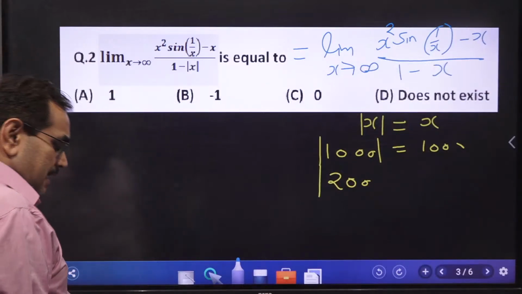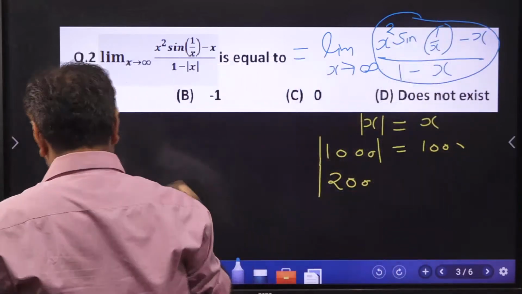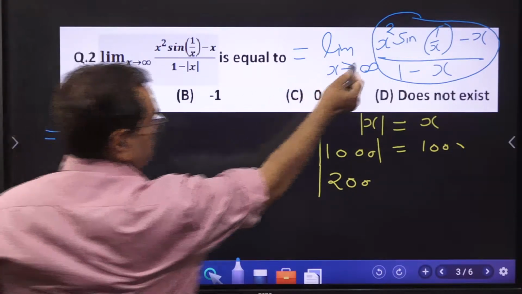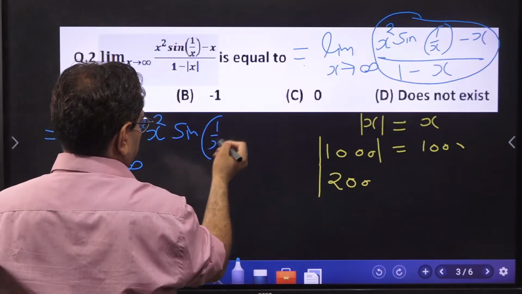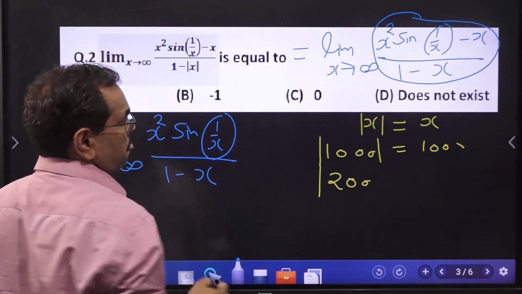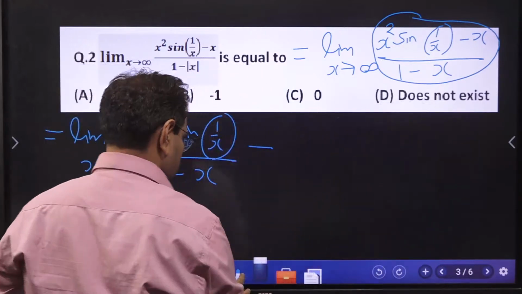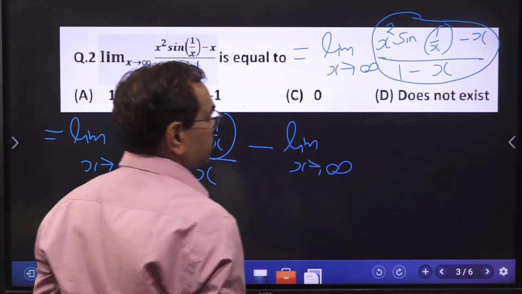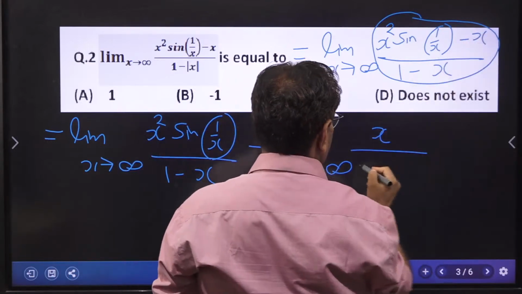Now let us separate these two terms. We have this function. If we separate out the terms, limit x tends to infinity of x square sine 1 upon x upon 1 minus x, or minus limit x tends to infinity of x upon 1 minus x.